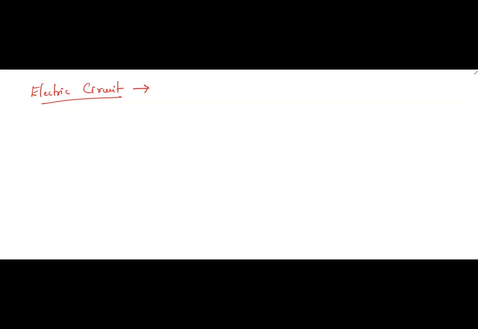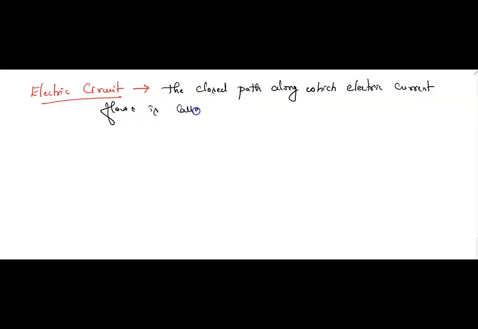The closed path along which electric current flows is called an electric circuit.